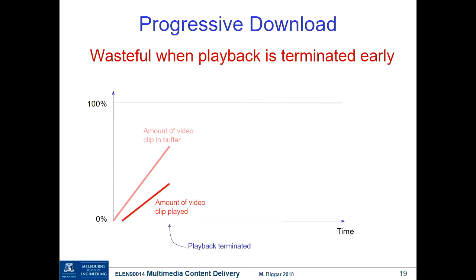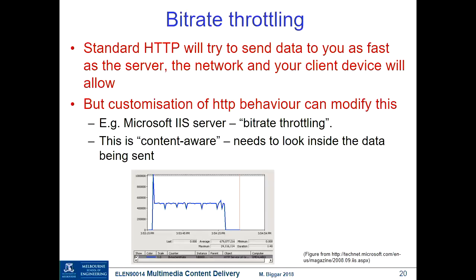So if we terminate playback at this point, we've played out that amount, but we've downloaded that amount, and so there's all this wasted data. So it's not necessarily a good idea to get too far ahead of the playout rate, because often people do abandon the viewing. I haven't got any figures on that, but I think on YouTube it's very high.